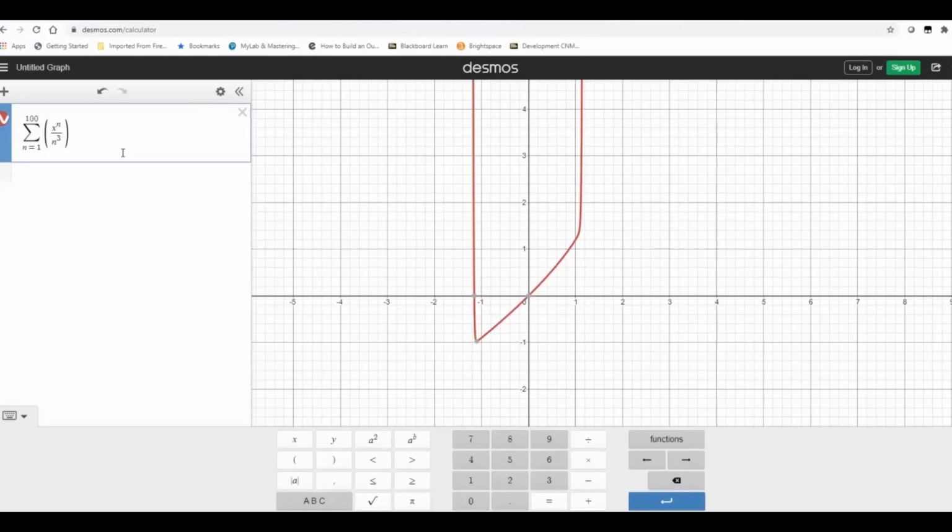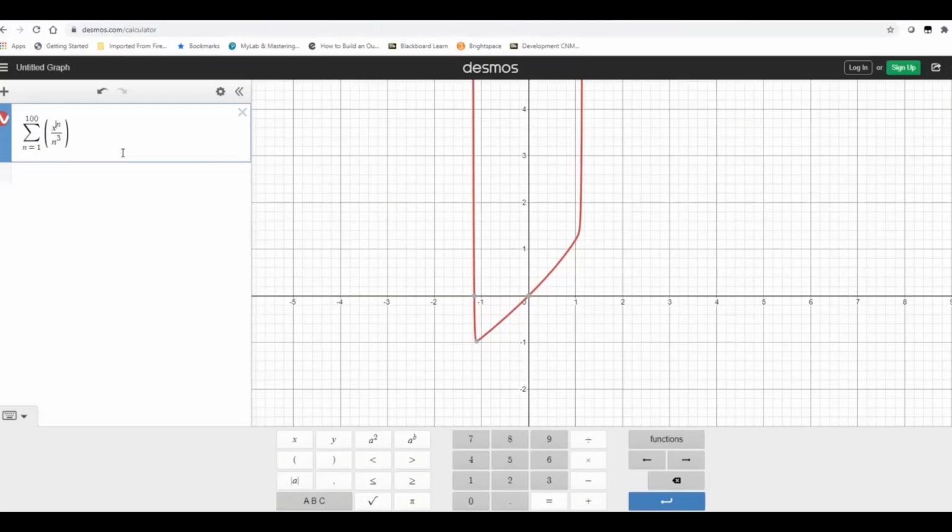It's x to the first power over n to the third, or 1 to the third. And then when n is 2, I get x squared over 2 to the third, so x squared over 8. Then I'll have x to the third over 27, and then x to the fourth over 81. And it's going to keep doing that until I get to the 100th power on x.